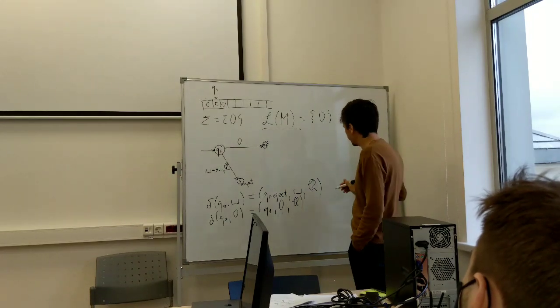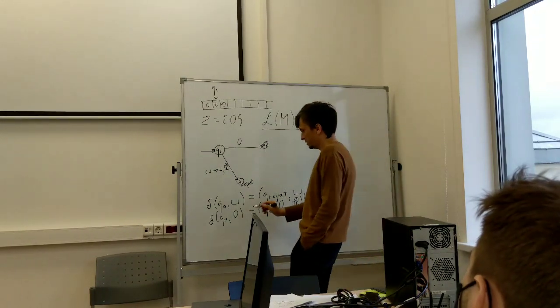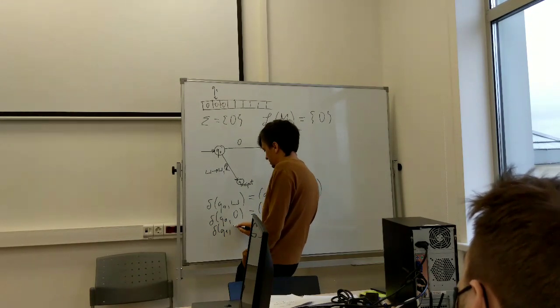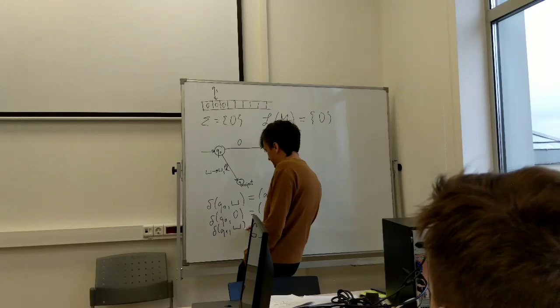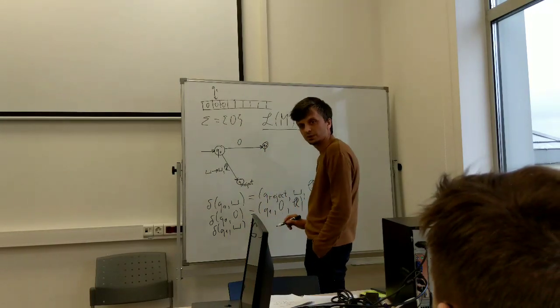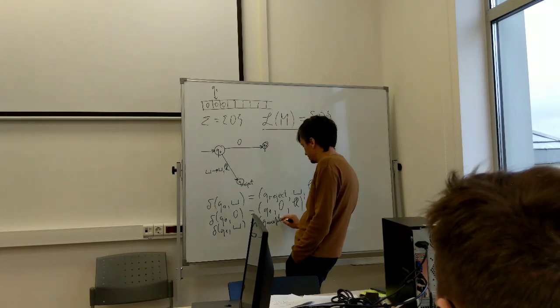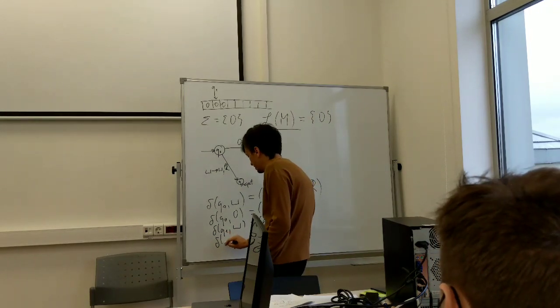What do we do when we are in Q1? We check if the symbol is just the blank symbol, then we change our state to accept, and if there is a 0, then it goes to reject.